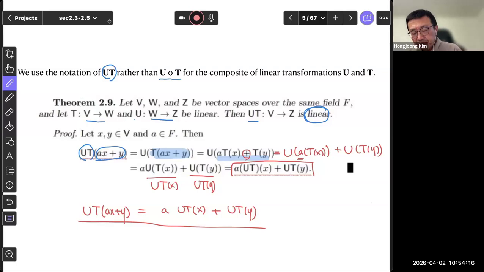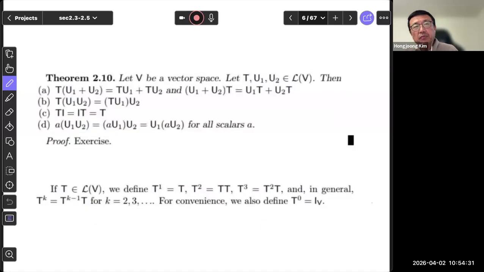And actually, as I said, if I have a linear mapping, I can think of a matrix. So I want to consider this in terms of a matrix. But before we do that, let us check some simple facts.